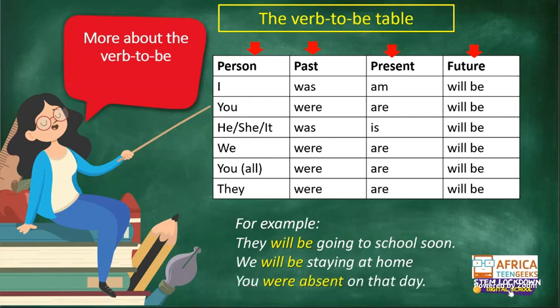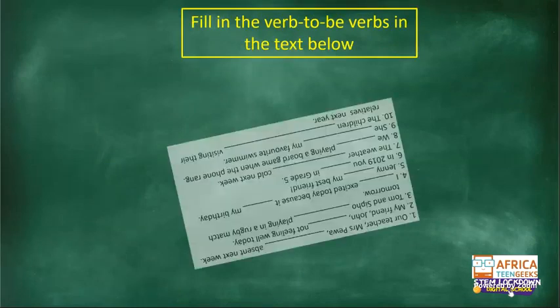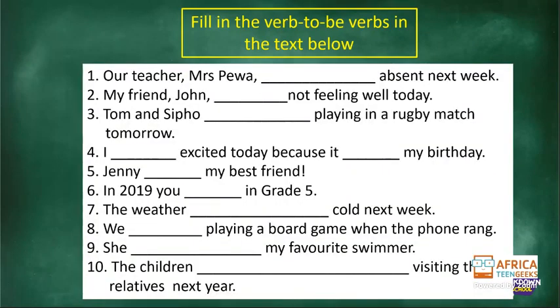Good. So let's do a little activity. Okay. Fill in the verb to be in the text below. So let's read it first. Our teacher, Mrs. Pewe, absent next week. My friend John, not feeling well today. Tom and Sipo, playing in a rugby match tomorrow. I, excited today because it's my birthday.